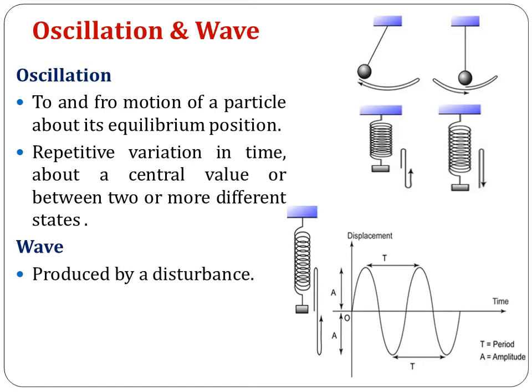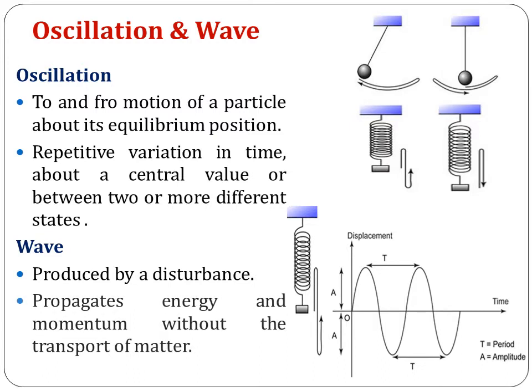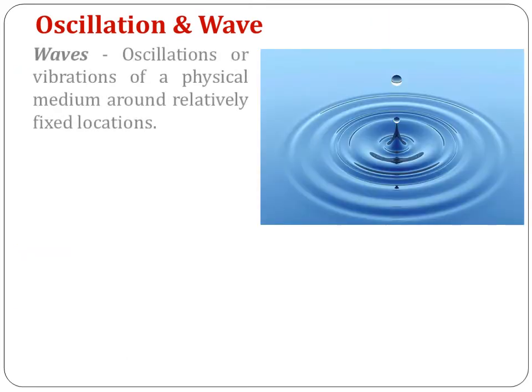A wave, on the other hand, is produced by a disturbance. It propagates energy and momentum from one place to another without the transport of matter. Waves consist of oscillations or vibrations of a physical medium around relatively fixed locations.